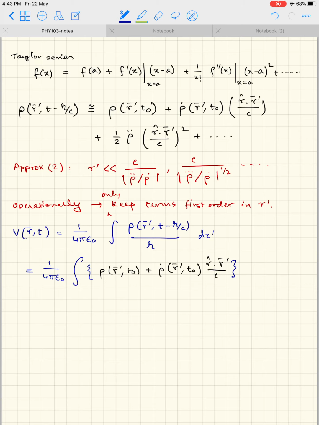And the second term just comes from the 1 over r. So that is the term which is 1 plus r dot r primed by r squared, divided by r. Okay, so these are the two terms that you have.